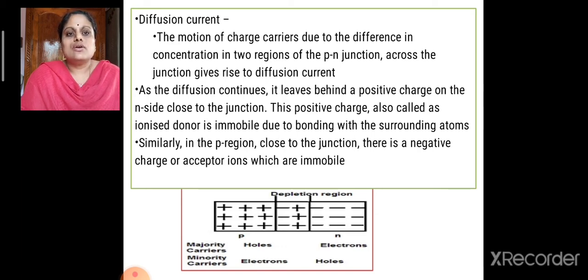This region will be immobile due to the bonding with the surrounding atoms. Similarly, in the P region close to the junction, there is a negative charge of acceptor ions which are immobile.